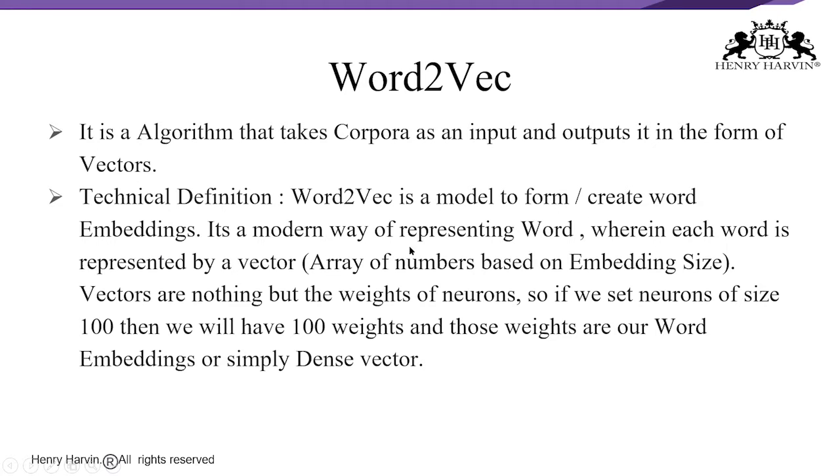It's a modern way of representing words, and each word is represented by a vector. Vector in the sense of an array of numbers based upon embedding size. The vectors are nothing but the weights of neurons. So if we set neurons of size 100, then we will have 100 weights, and those weights are our word embeddings or simply dense vectors.